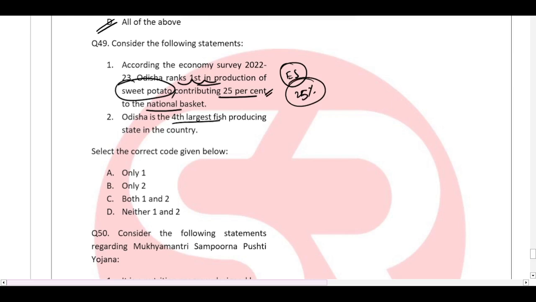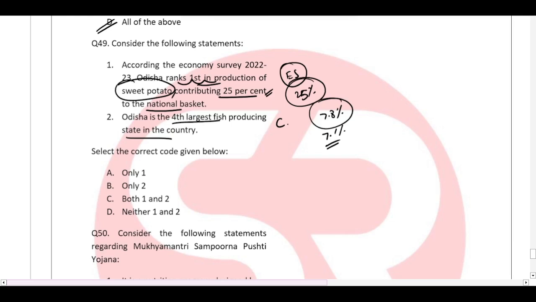Odisha is the fourth largest fish producing state in the country. This is also factually correct and given in the Economic Survey. The fish production in Odisha plays a crucial role for Odisha's economy, and this is projected to rise in real terms by almost 7.8 percent, which is more than the national average of 7 percent.